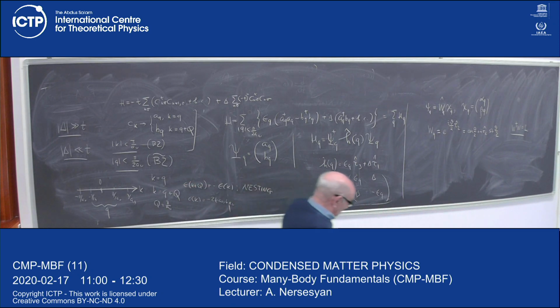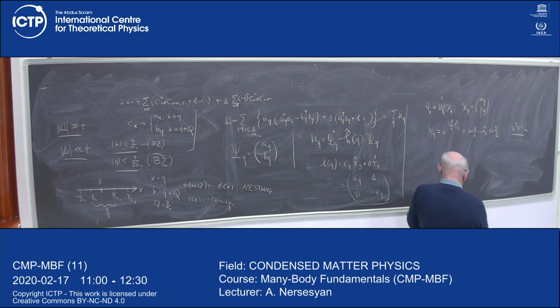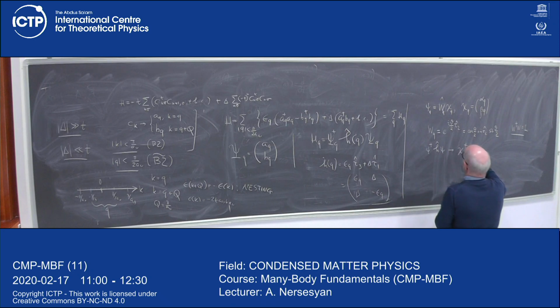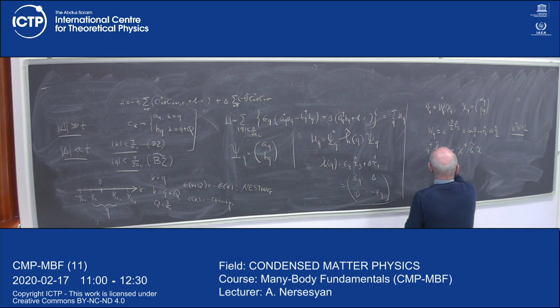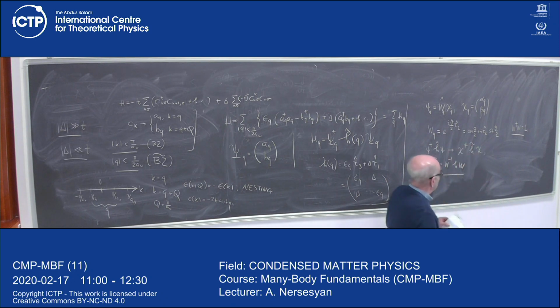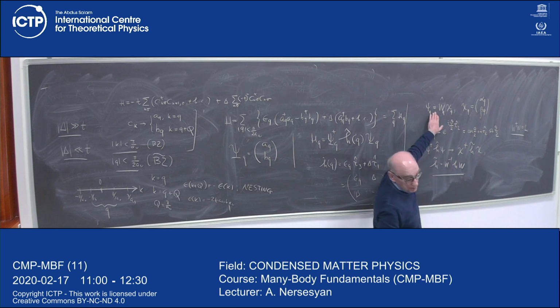All right, so what you can do, first of all, the combination psi dagger H psi goes to chi dagger H tilde chi, where H tilde is, of course, W minus 1 H W. I think this must be clear because I simply plug this expression into this.